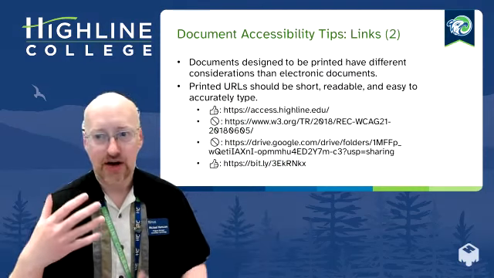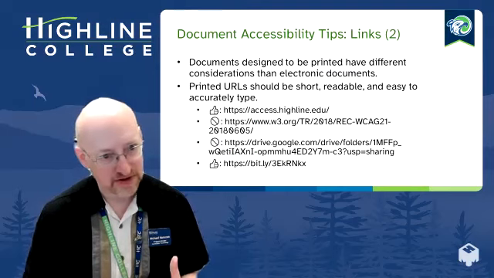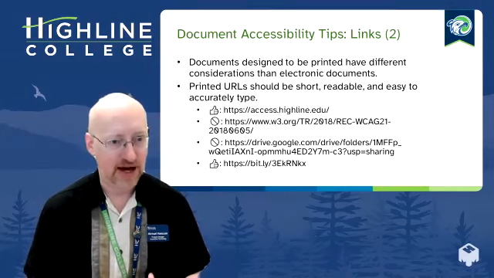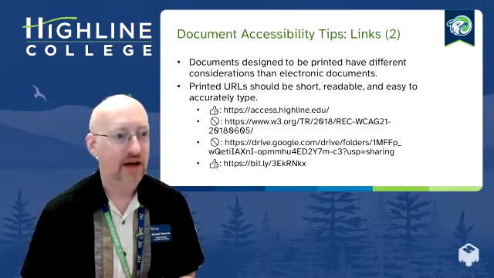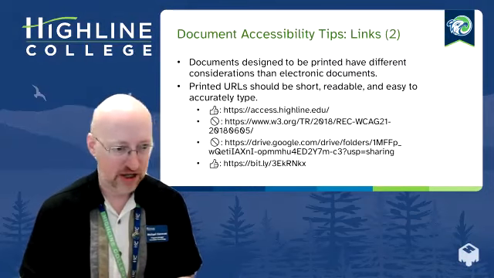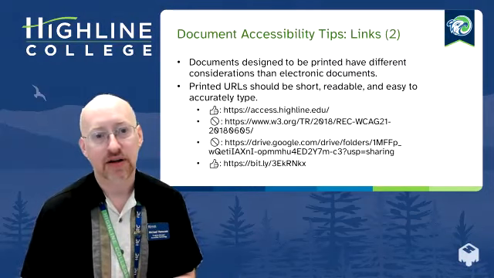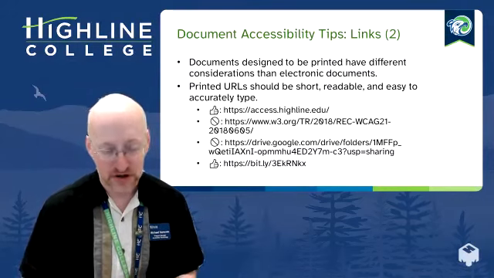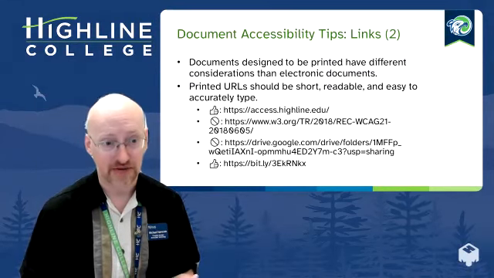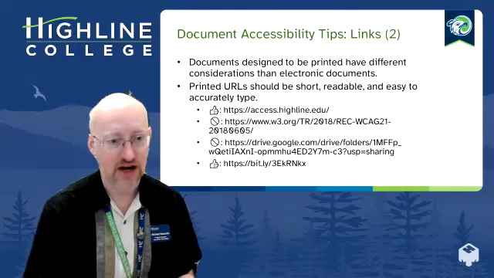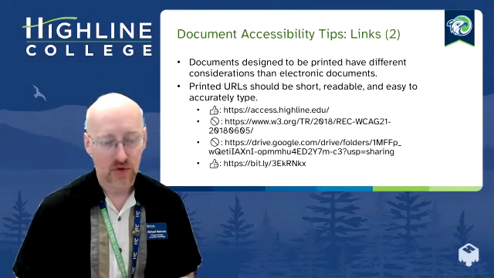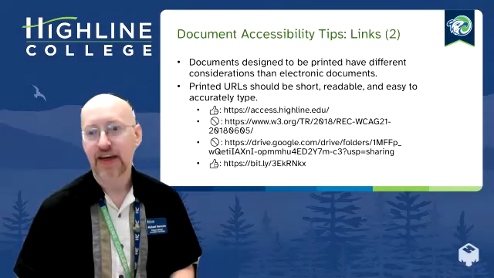Now, when you're talking about a printed document, it has slightly different things to think about. And sometimes one document will work just as well electronically or in print. But sometimes you may want to consider if you might want to have two versions of a document, one that you're sending out electronically and one that's available for students to grab off a desk.